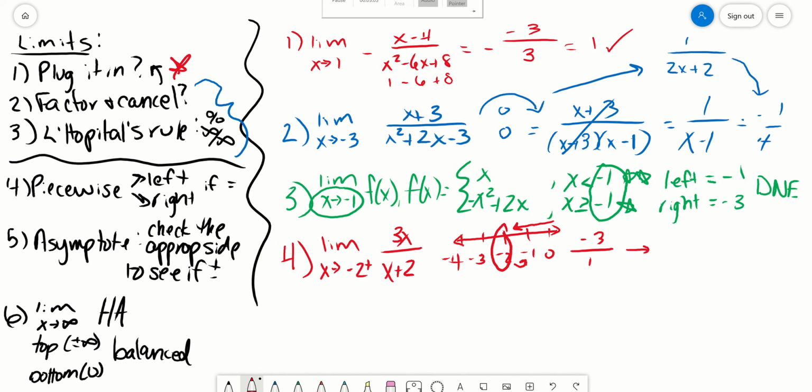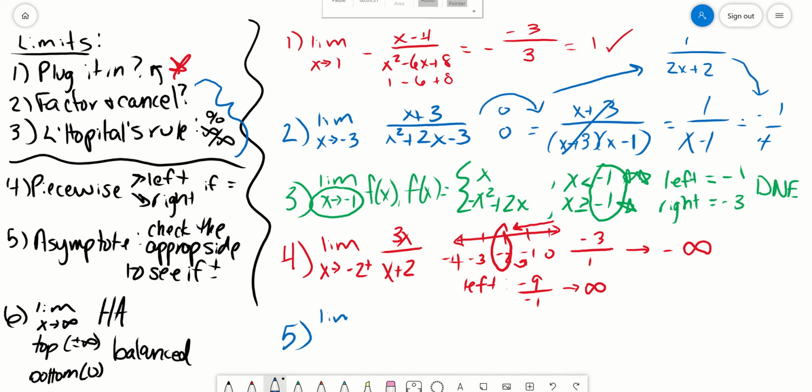So that means our limit is approaching negative infinity. If we tried something from the left, like negative 3, we would end up with negative 9 over negative 1, which is positive, and that would mean it would be approaching infinity. So you're just looking to see what it is doing on that side.